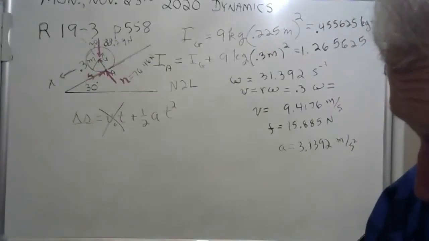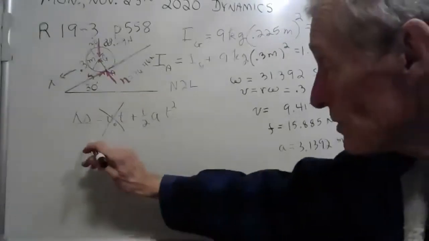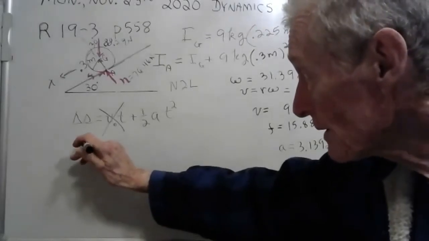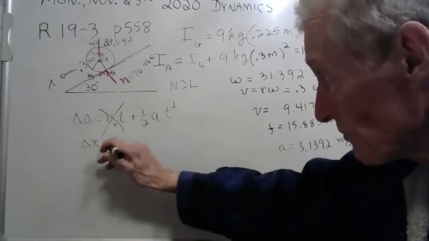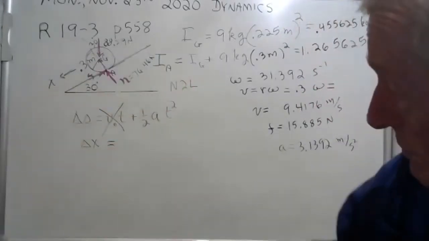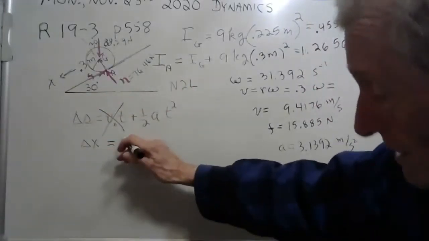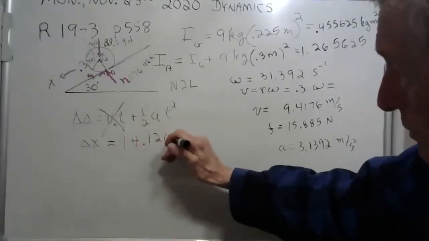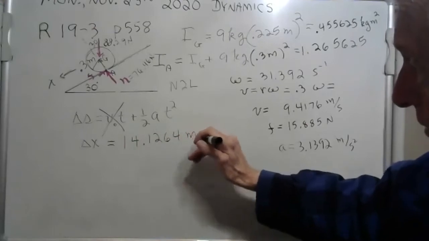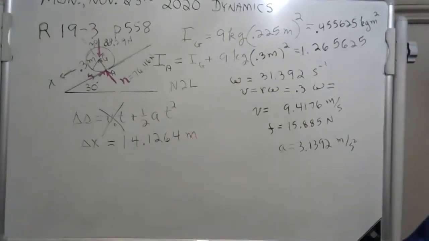What'd you get? I got 14.13. I got a distance, you could call it delta x if you wanted to, because we define that as the x direction. I got 14.12, blah, blah. Good going, Braxton.